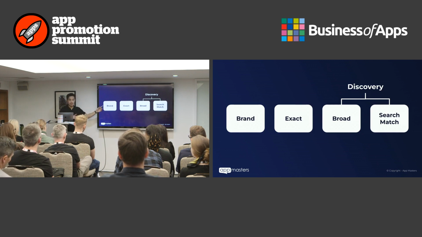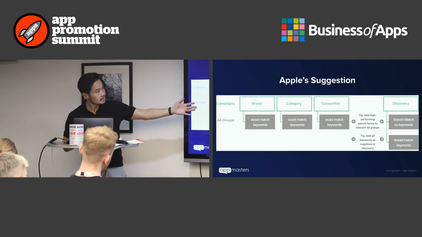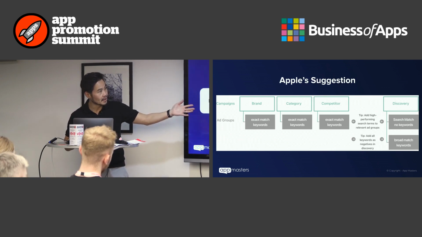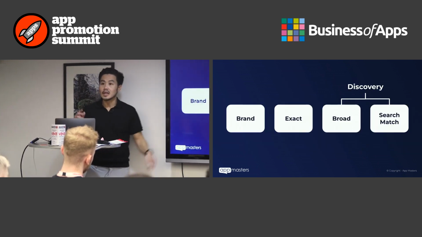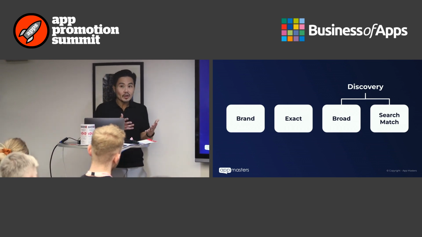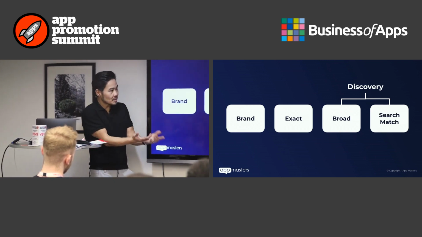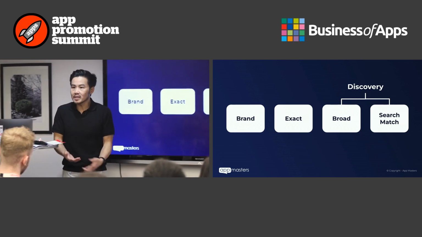So have your brand, that's the most important. Then have the exact, that's like competitors, everything that Apple said, category, competitor, all right? That's all under exact. I'm combining it. Now I'm breaking out the discovery into its own campaigns. The simple reason is you can only manage your budgets on a campaign level. So sometimes, in one of our campaigns we just set up, search match is doing really well.